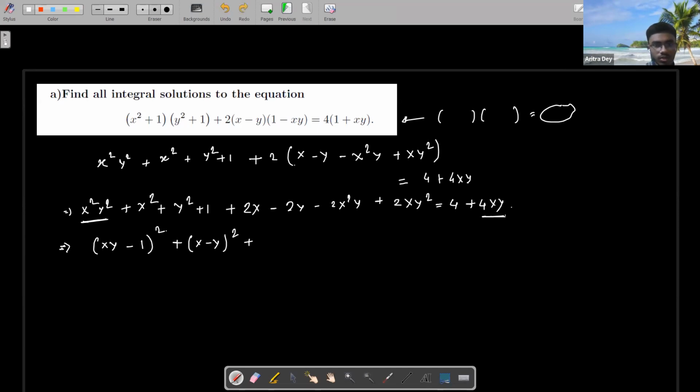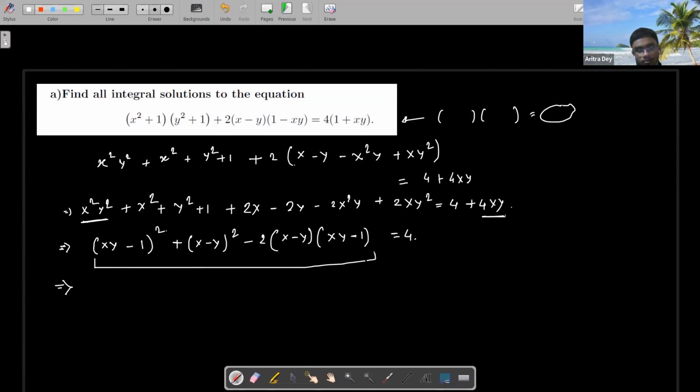Then I think it can be written like this, minus, just observe, 2 into (x minus y) into (xy minus 1), that equal to 4. Just check it, it can be written in this way. And now, can anyone say what to do? Again, see that here is a perfect square formula.